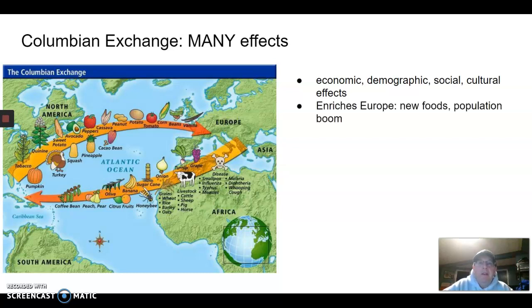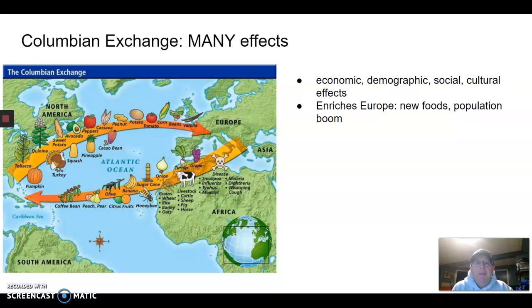Basically any kind of effect the Columbian Exchange has. So, on a holistic view, the Columbian Exchange enriches Europe. All those foods that go to Europe cause a population boom, which is going to help fuel and feed the Industrial Revolution later, which starts in Europe. Real benefit for them, the Columbian Exchange on the whole.